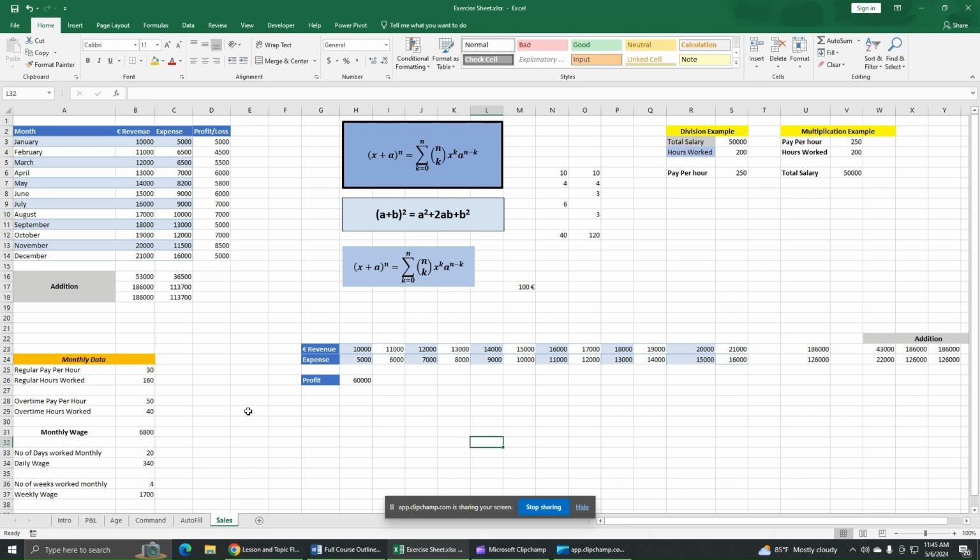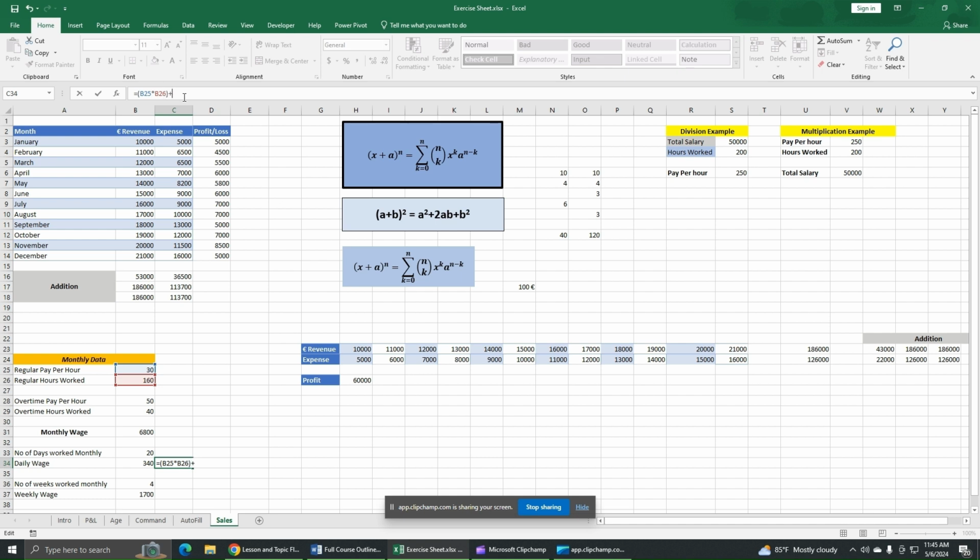Now we will do the calculation by writing just one formula. First of all, here we will calculate daily wage by writing just one formula. Previously, we first calculated monthly wage, then we calculated daily wage. Now I am calculating this by writing just one single formula. So start with the equal sign, click this, multiply by this, which will give you the total regular pay monthly.